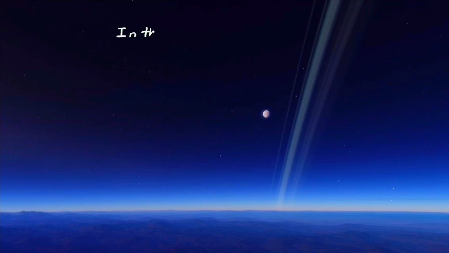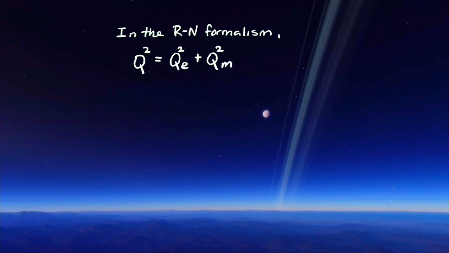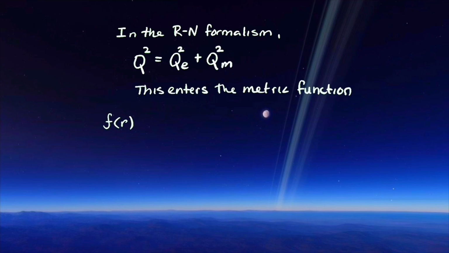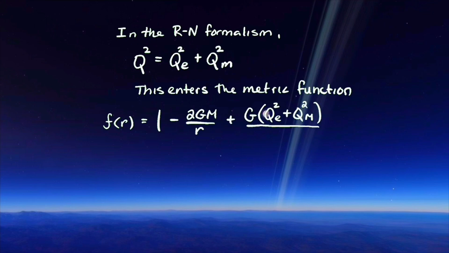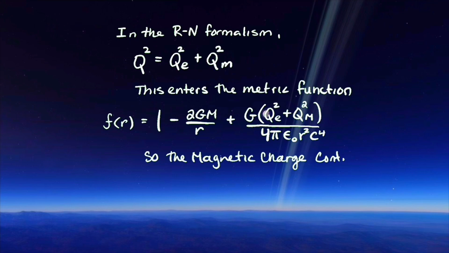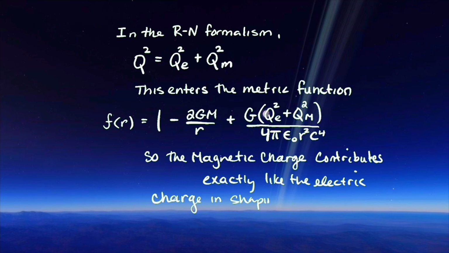That is to say, by including it, it makes things work in a more symmetric way. So in the RN formalism, capital Q squared is the sum of the squares of the two different charges, and this enters the metric function in the following way. And so the magnetic charge contributes exactly like the electric charge in shaping the spacetime, just in a more symmetric way.